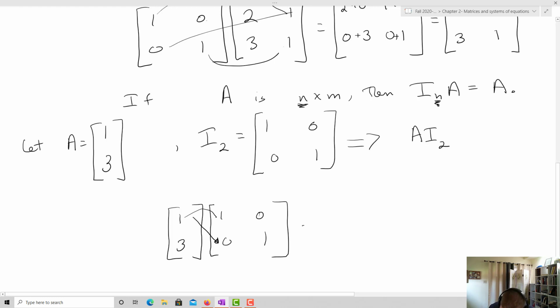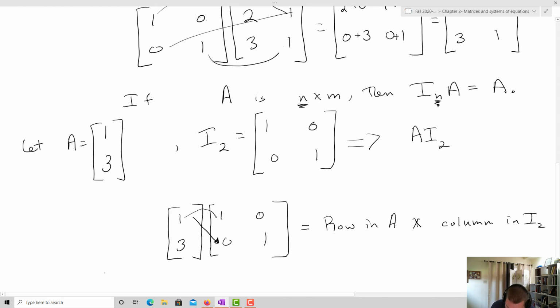Okay, when I do multiplication, I'm supposed to multiply the row in A times the column in I2.